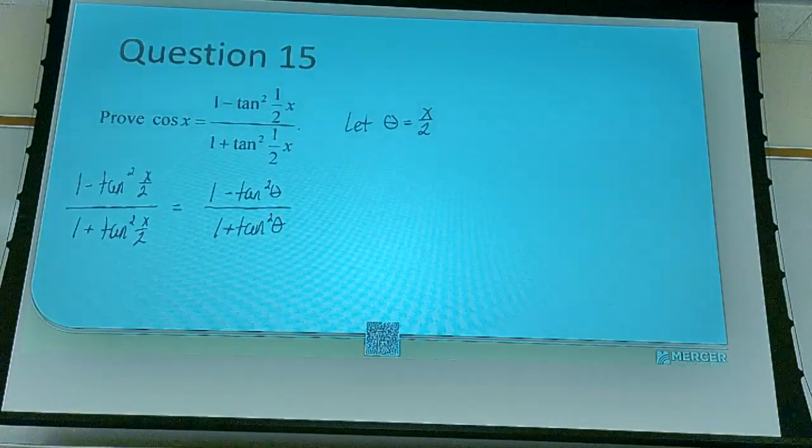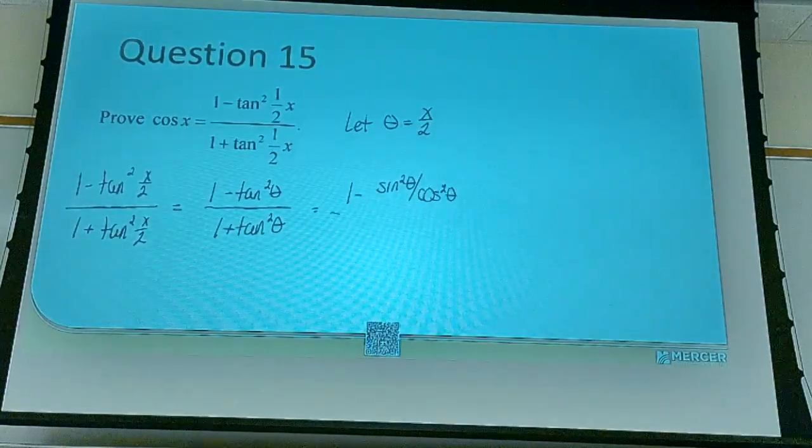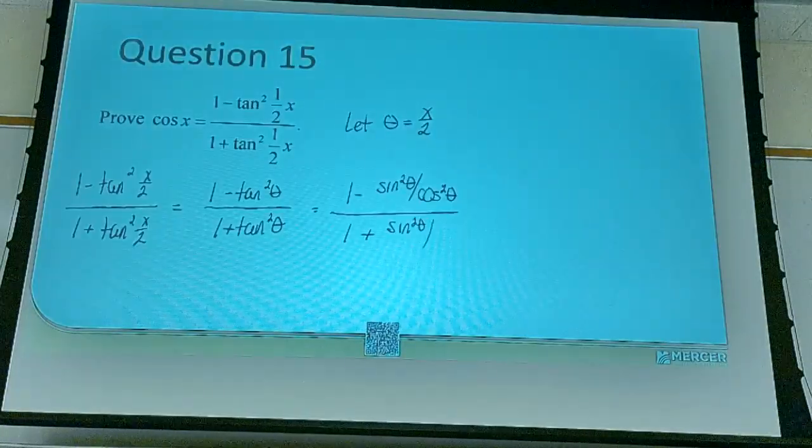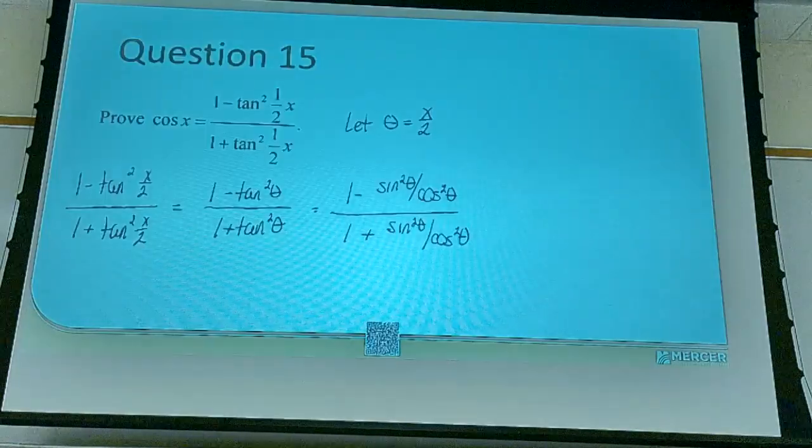So say theta is x over 2. We'll have 1 minus sine squared over cosine squared divided by 1 plus sine squared over cosine squared.